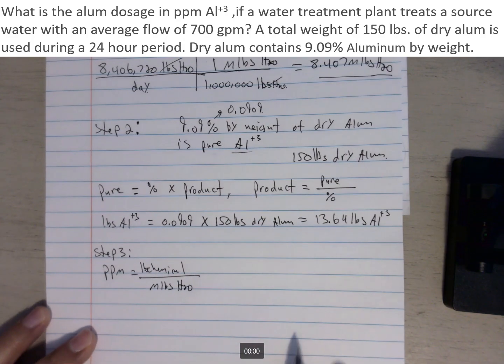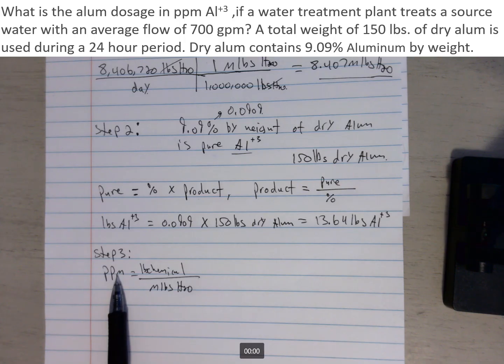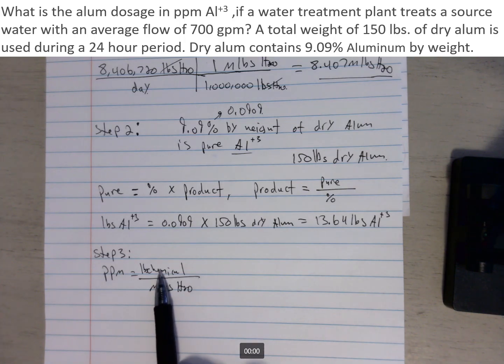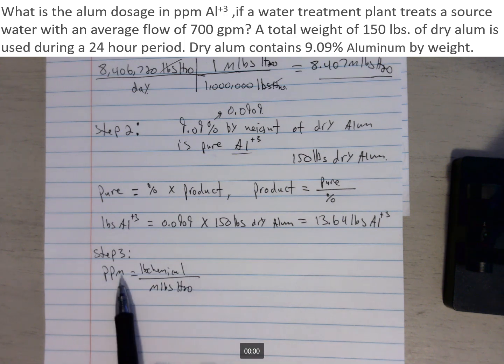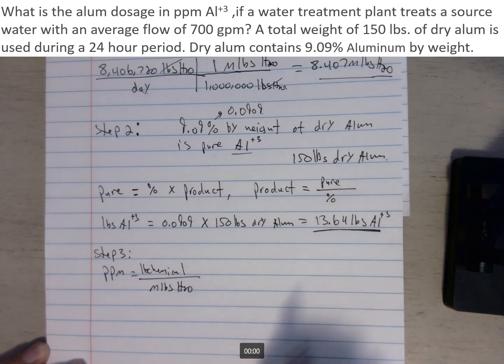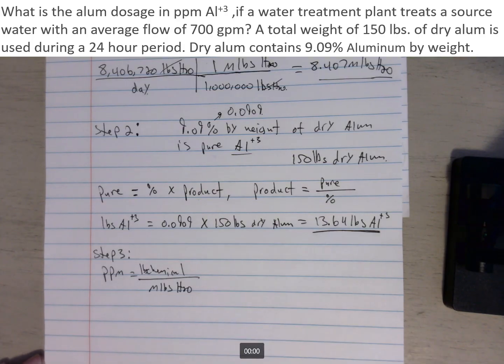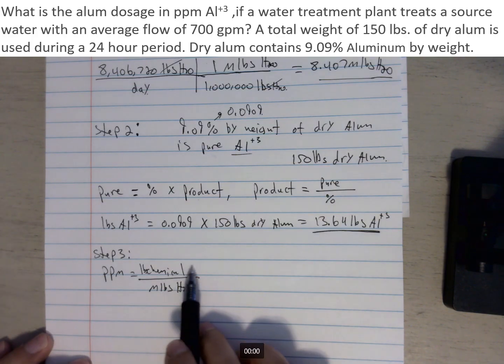It can be written in this format, where concentration in part per million is equal to your pounds of the chemical over million pounds of water. In this case, we want the concentration of aluminum ion, which is why we calculated our pounds of aluminum ion. That's the pounds of chemical, whether it be pounds of aluminum ion, dry alum, or liquid alum, depending on what they're asking in the problem statement.